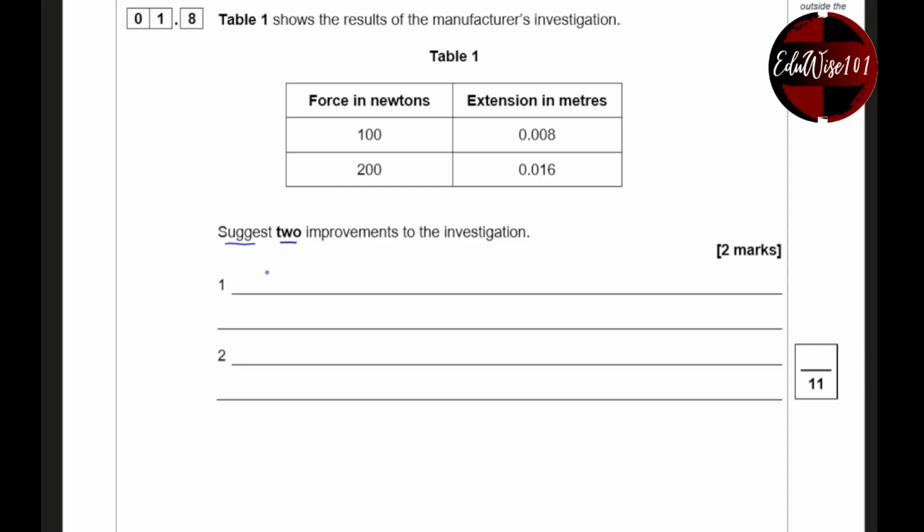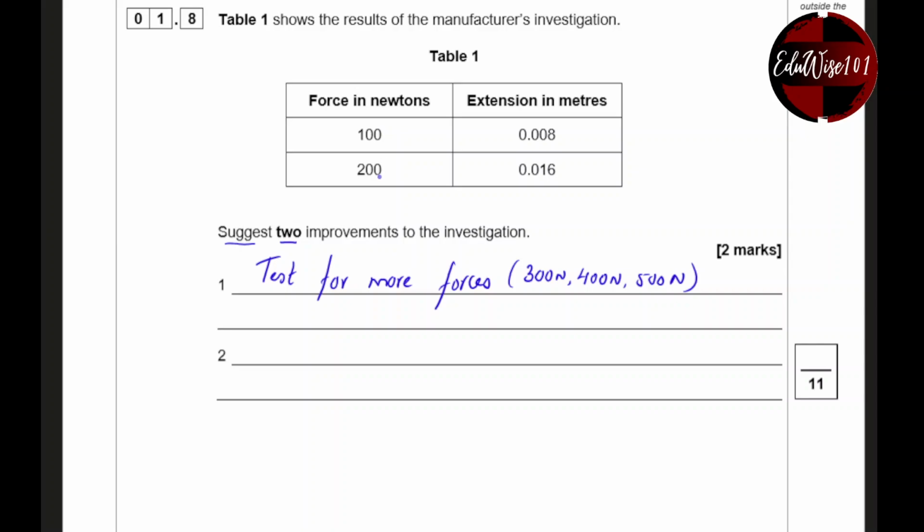Well, test for more forces, such as 300 Newton, 400 Newton, 500 Newton. And when you do an experiment, you want to have at least 5 different values.